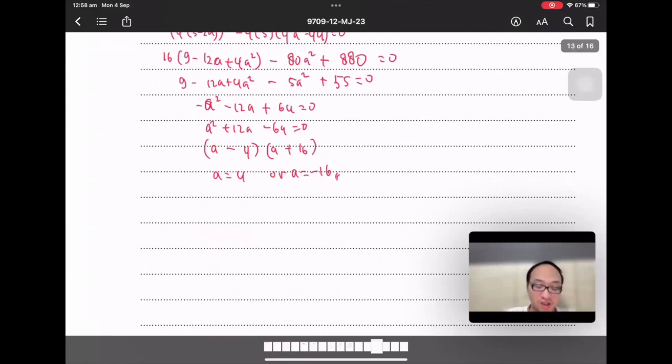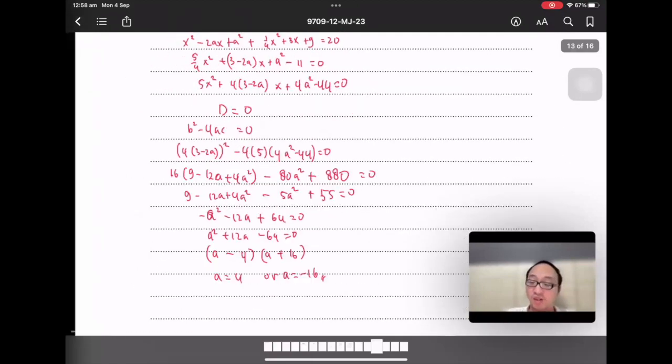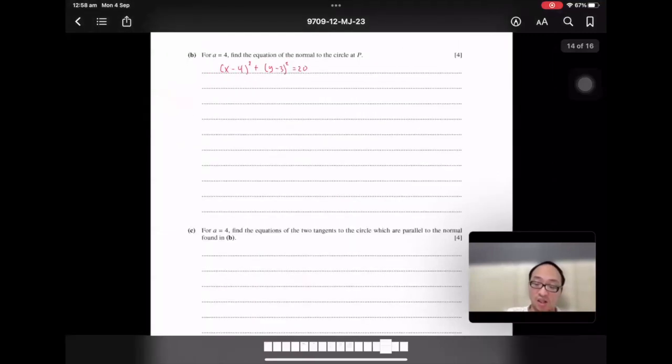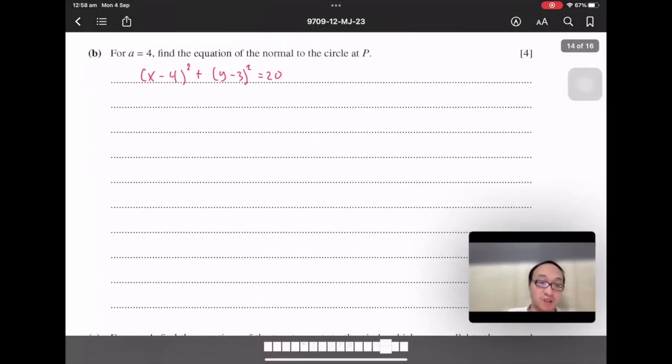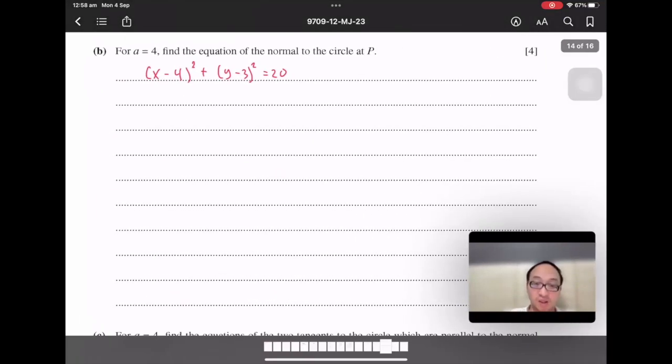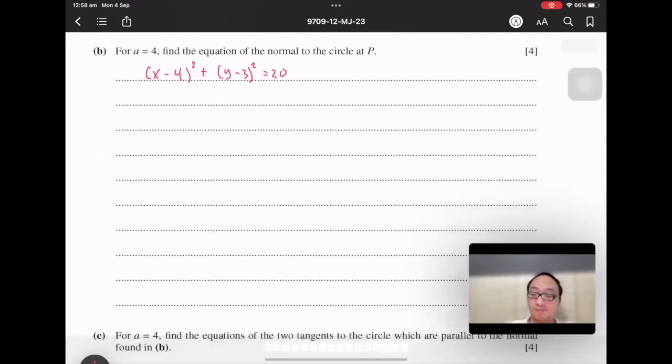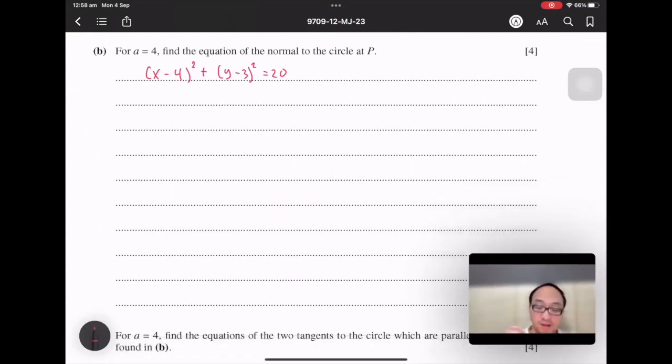Since a is 4 or negative 16, but we use a equals 4 here, so (x minus 4) squared plus (y minus 3) squared equals 20. So that means the circle has the center of (4, 3).